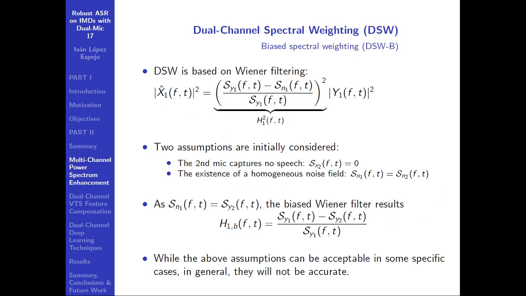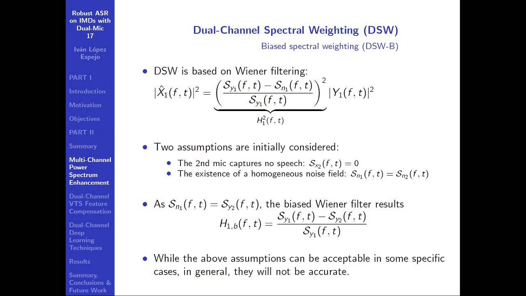Our third technique is dual-channel spectral weighting, and this one is based on Wiener filtering. We begin by considering two initial assumptions. The first one is that the secondary microphone captures no speech. In other words, that the clean speech power spectral density at the secondary channel is 0. The second assumption is the existence of a homogeneous noise field. This assumption is reasonable as noise homogeneity is one of the properties of diffuse noise fields. And as I said, diffuse noise fields are typically found in real-life environments.